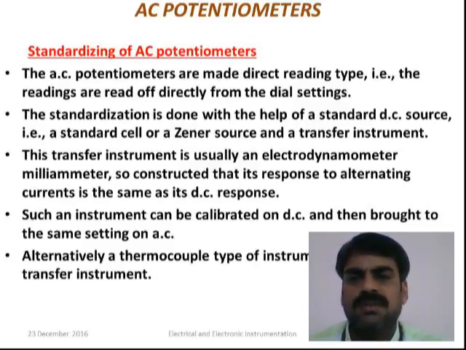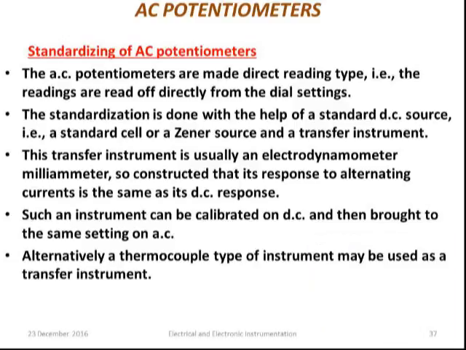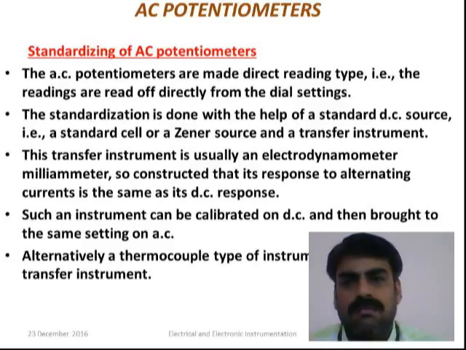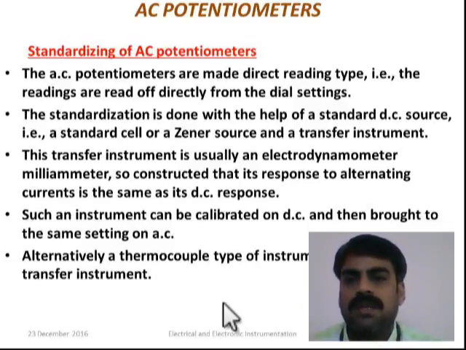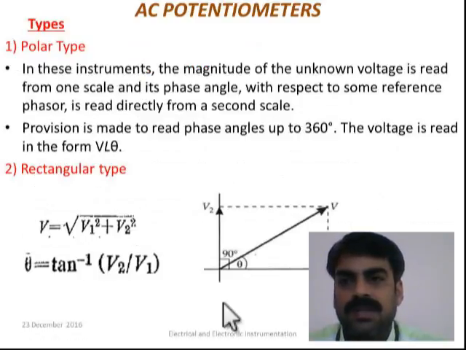So such an instrument can be calibrated on DC and then brought to the same settings on an AC source. Instead of an electrodynamometer ammeter, we can even use a thermocouple type of instrument as a transfer instrument, but generally we use electrodynamometer type meters.